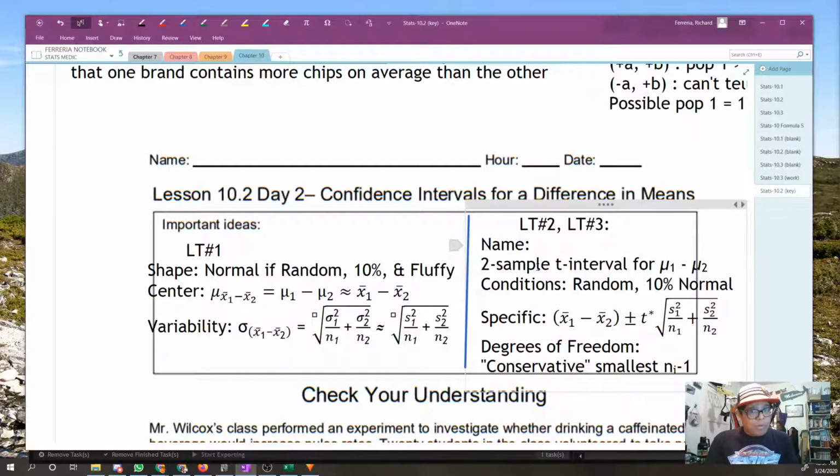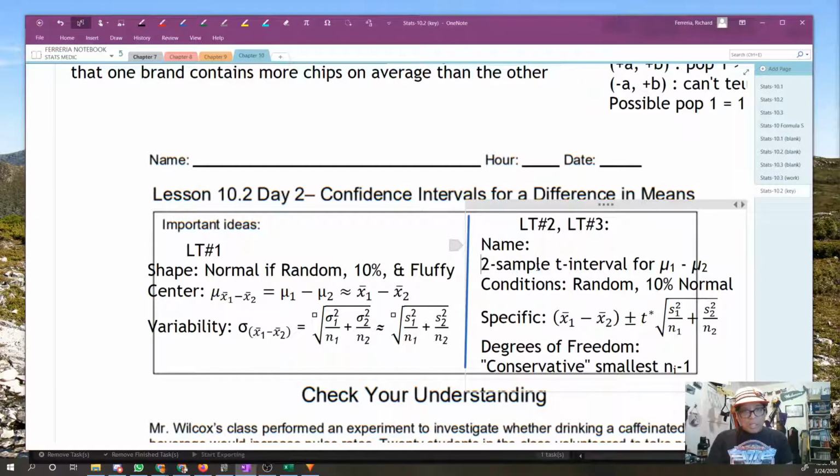Now, this is the one that is massively different. What we're going to use in this class is called the conservative degrees of freedom. There's a long formula that you can use to find degrees of freedom, but we're just going to use this simple formula: you take the smallest sample size, you subtract 1, and that is your degrees of freedom.